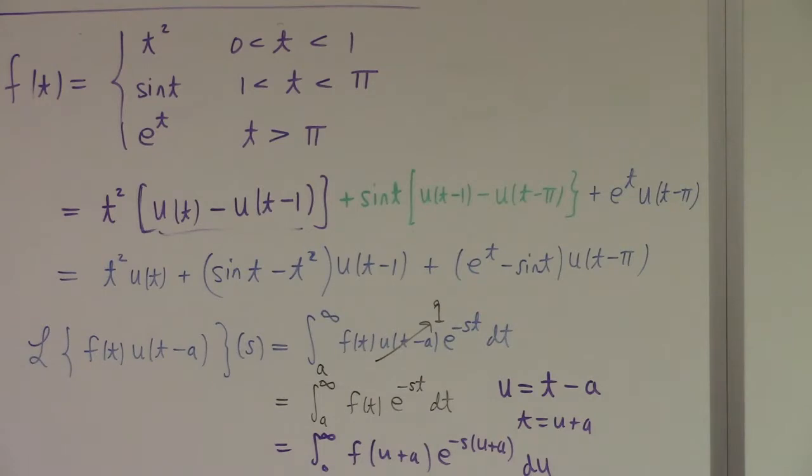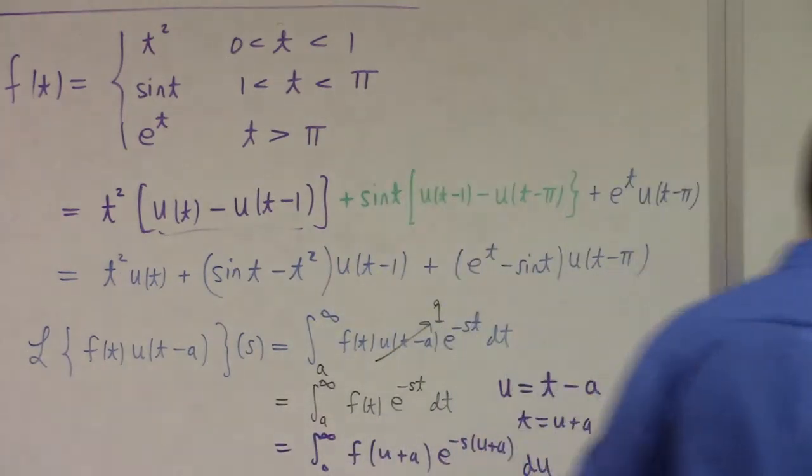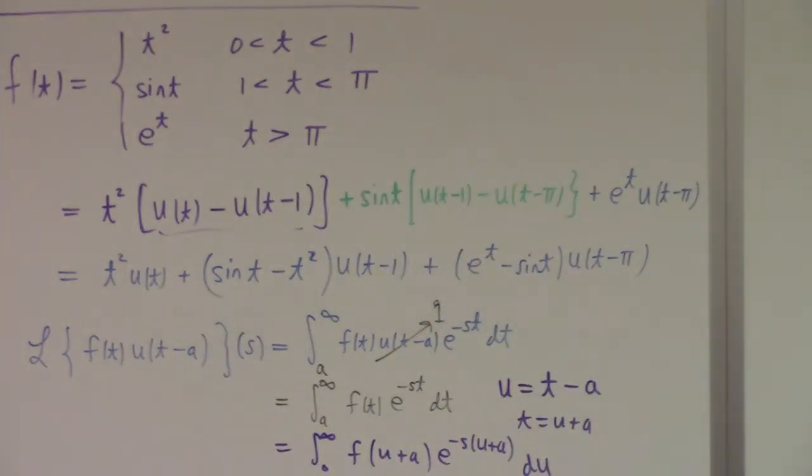So unit step functions turn into multiplications by e to the minus as. And if you turn this over, a lot of times you want to go the opposite direction. You want to calculate inverse Laplace transforms.